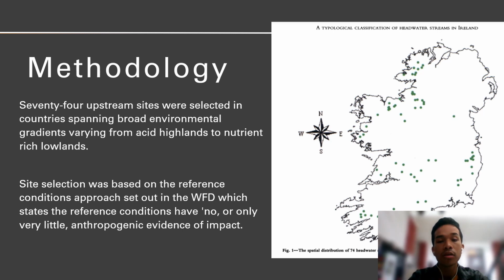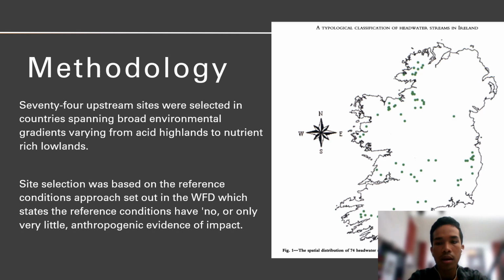Okay, and then methodology. 74 upstream sites were selected across the country covering a broad environmental gradient varying from acidic highlands to nutrient-rich lowlands. Site selection was based on the reference condition approach set out in the WFD, which states the reference conditions have no, or only very little, evidence of anthropogenic impact.